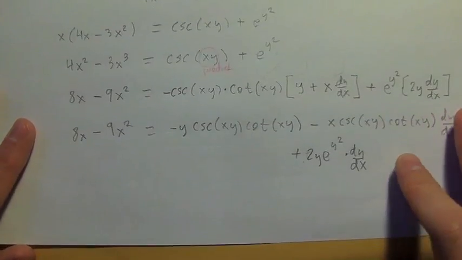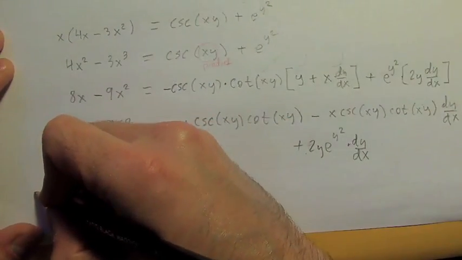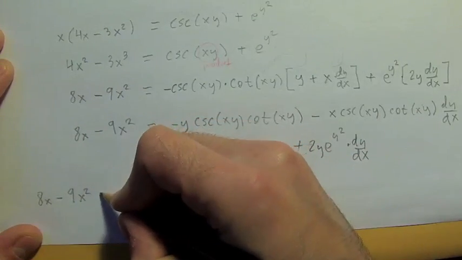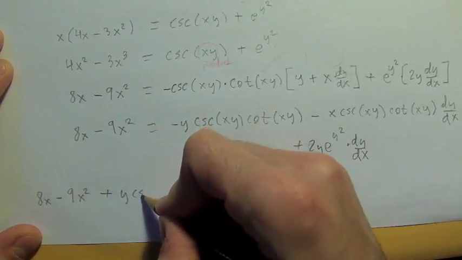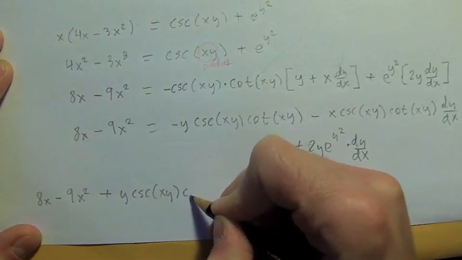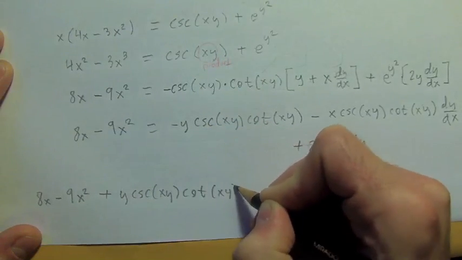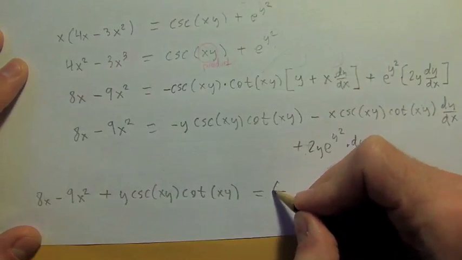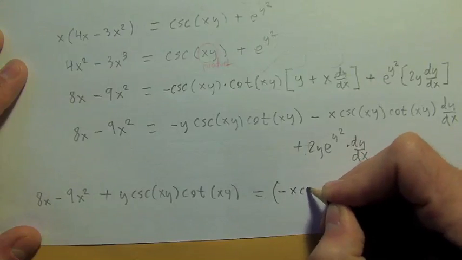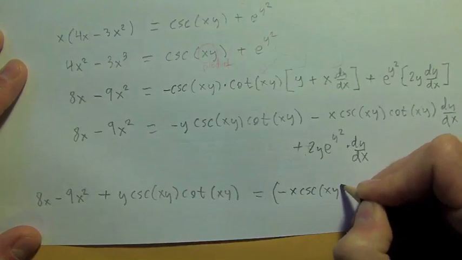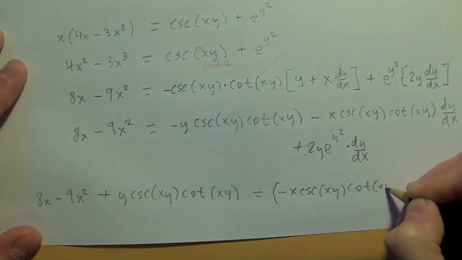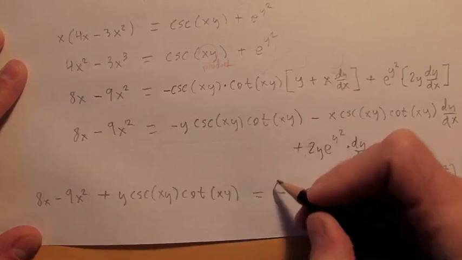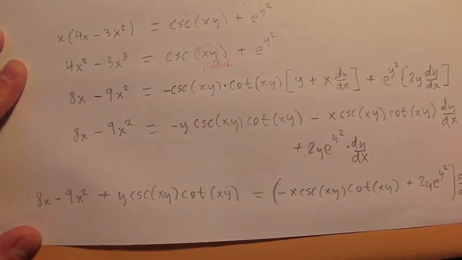So I will end up with 8x minus 9x squared plus y cosecant of xy times cotangent of xy is equal to negative, and I'm factoring, so it'll be negative x cosecant of xy, cotangent of xy, plus 2y e to the y squared, all times dy over dx.